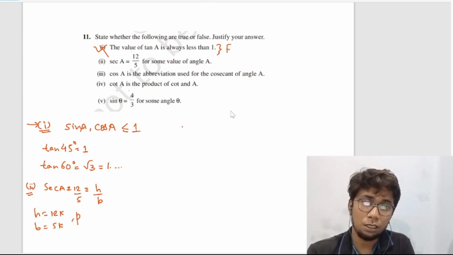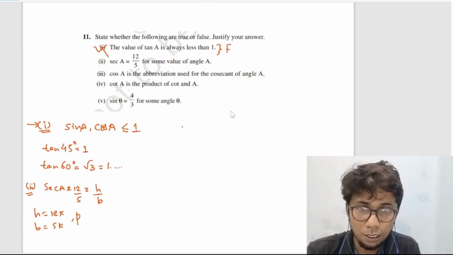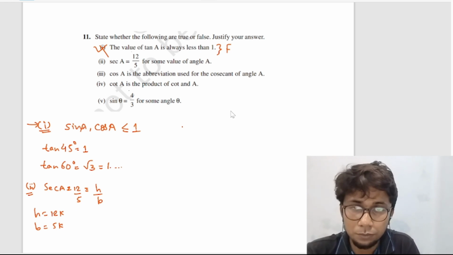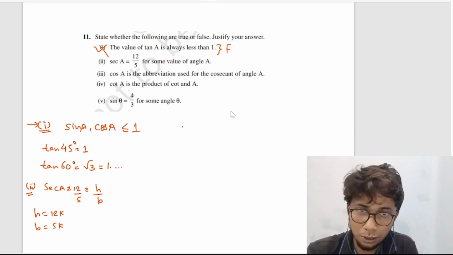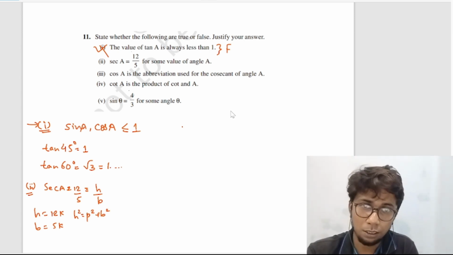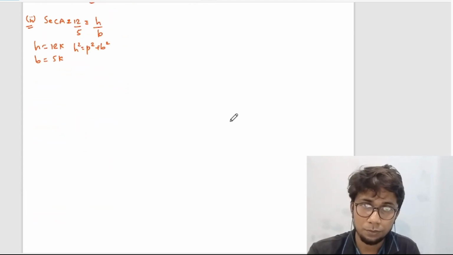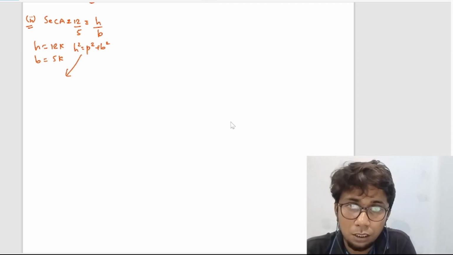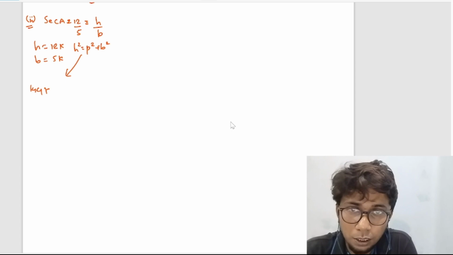We will have to use Pythagoras theorem, right? So we will use h square is p square plus b square. When we use Pythagoras theorem, we'll get h square is p square plus b square, right? And we have h is 12, that is 144k square equal to p square plus 25k square.